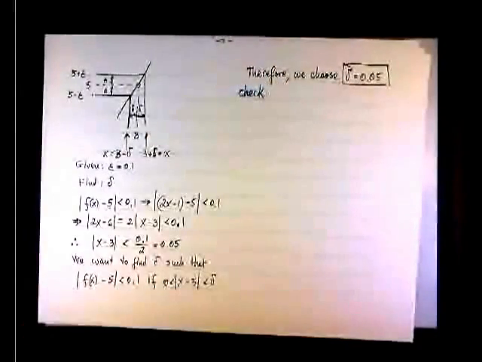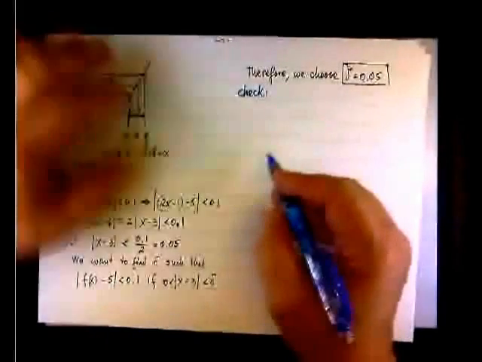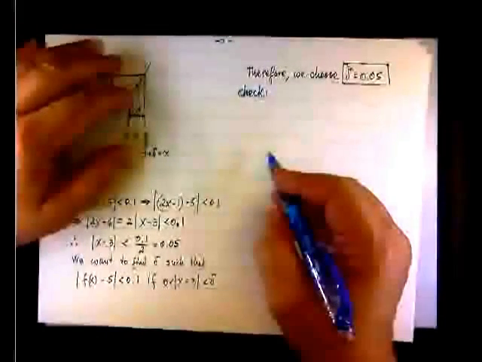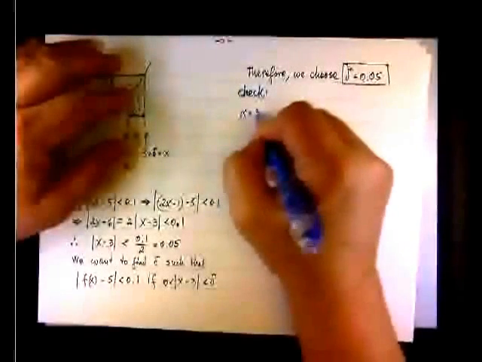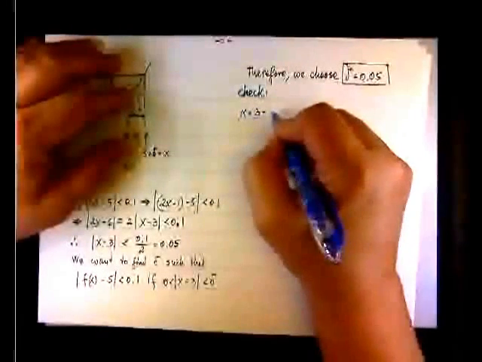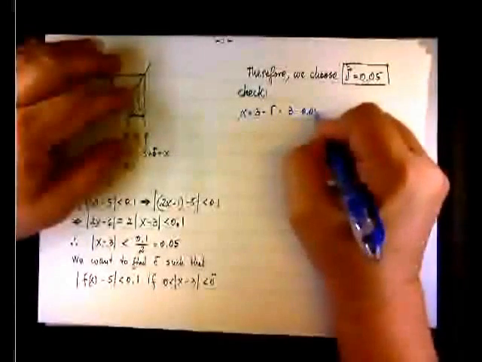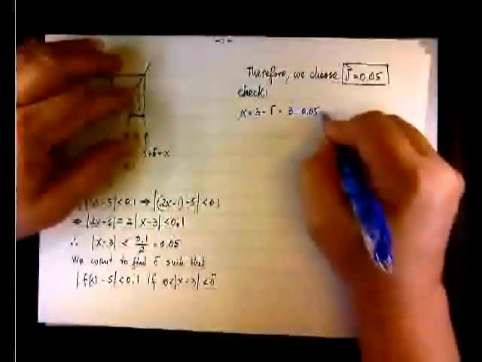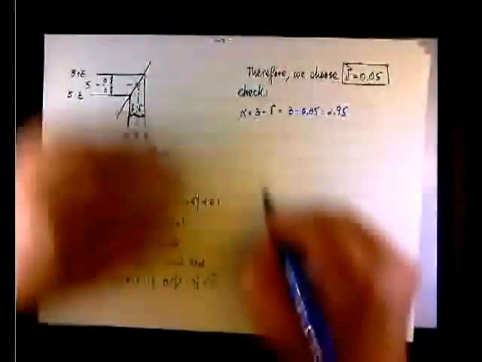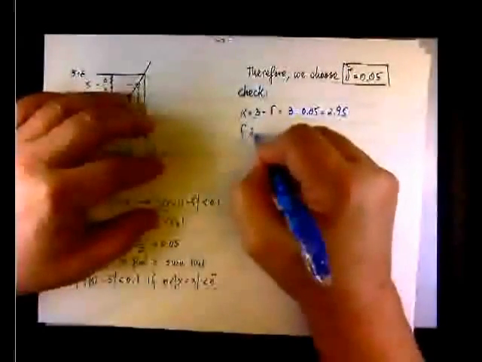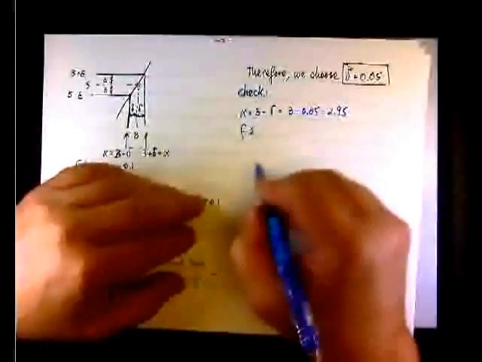Okay, so let's find the first x1 on this side will be 3 minus delta. So if x equals 3 minus delta, it's really 3 minus 0.05. So we are looking at 2.95, right? And now what is f of 2.95? We want to be within 0.1 from 5.